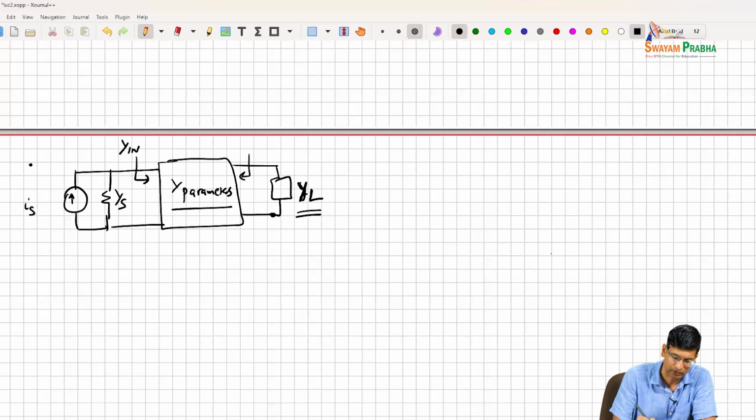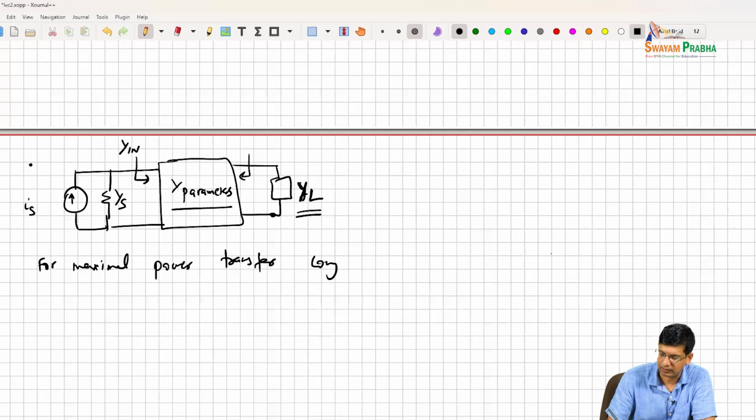So if we see what the Yin is, for maximal power transfer, we have done conjugate matching. We do conjugate match, so we know that Yin is Ys conjugate, or basically the real part of Yin is the same as the real part of the Ys.